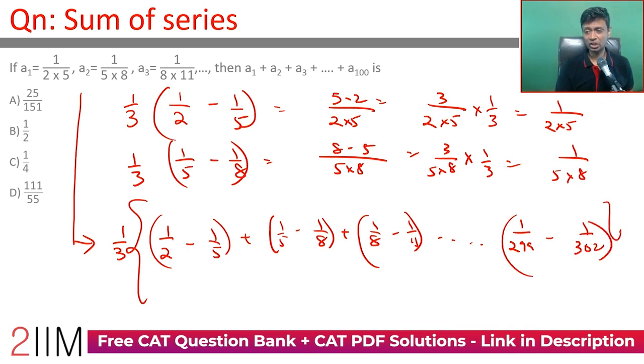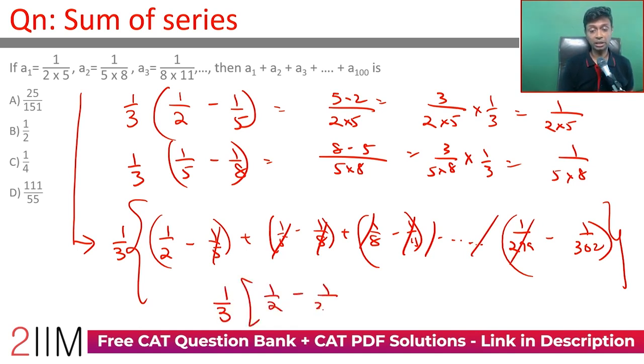Just like how we had outlined, a minus b plus b minus c plus c minus d all the way till one final term. A bunch of things get cancelled. This will get knocked off, this will get knocked off, this will get knocked off. Everything will get knocked off till there. Or we are looking at 1 by 3 times 1 by 2 minus 1 by 302. 302 and 2, LCM will be 302, this will be 151.